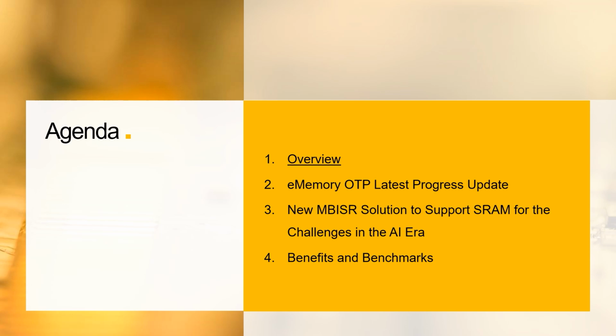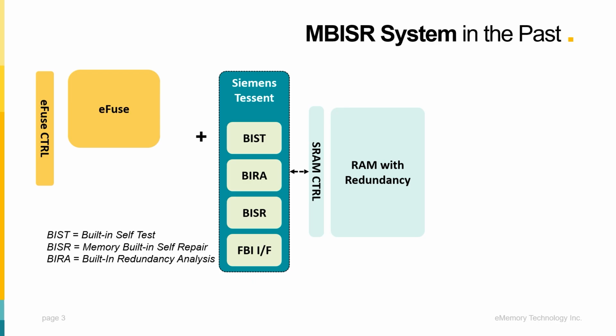Before we dive into the specifics, I'd like to give you a quick overview using the next 3 slides. Our primary objective is to integrate eMemory's high-capacity OTP technology with the Siemens Tessent tool to enable more efficient SRAM repairs than conventional methodologies.